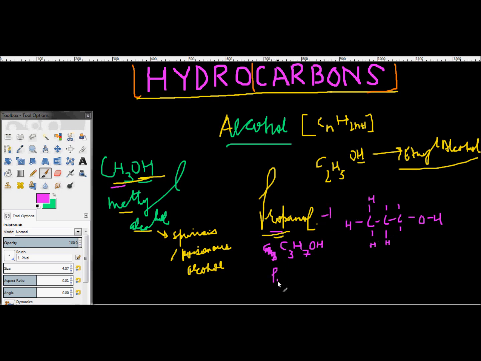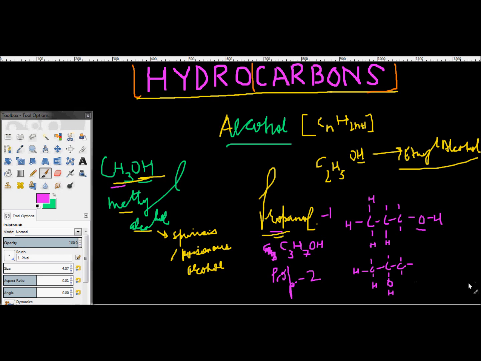Now if I have to draw propanol 2, then there will be a change in the structure, in the geometry. The only change will be that the OH will shift to this place. So it'll just be this way: C, C, C, H, H, H. Right here, you're just gonna draw an OH, and otherwise you're just gonna draw an H. So 1, 2, 3, 4, 5, 6, 7 H's, 3 C's, and 1 OH, which denotes the alcohol.